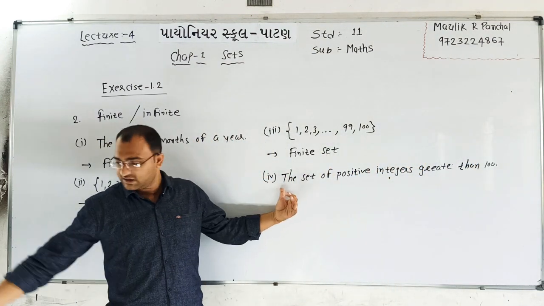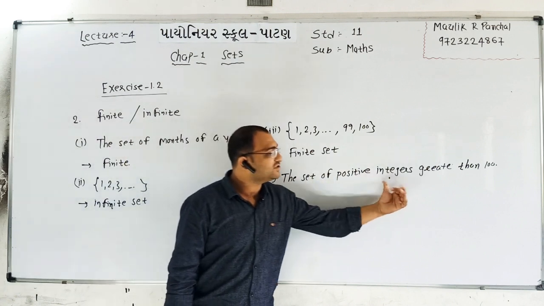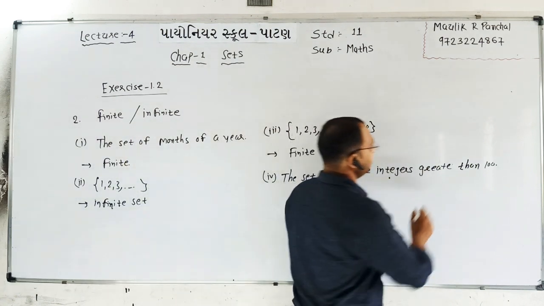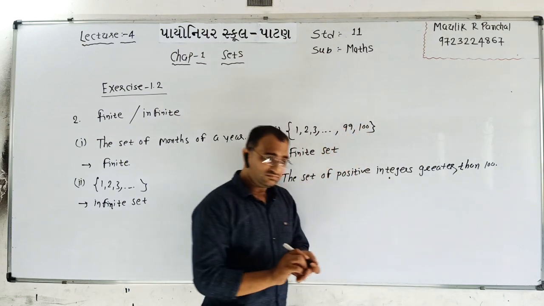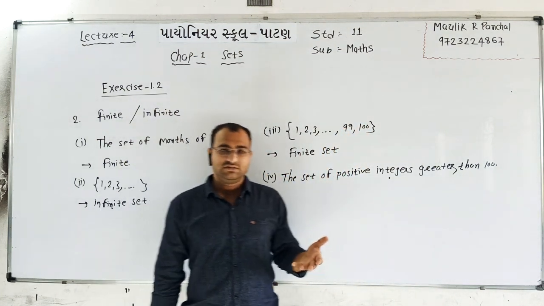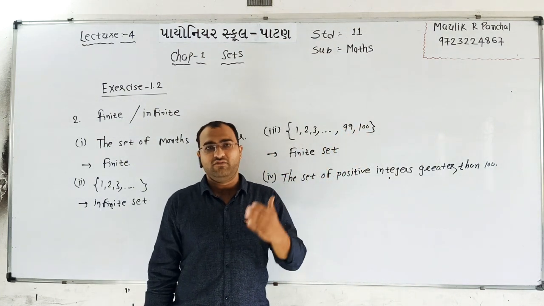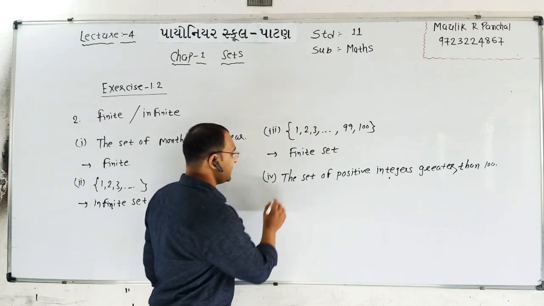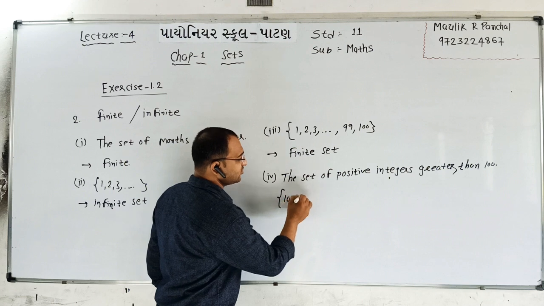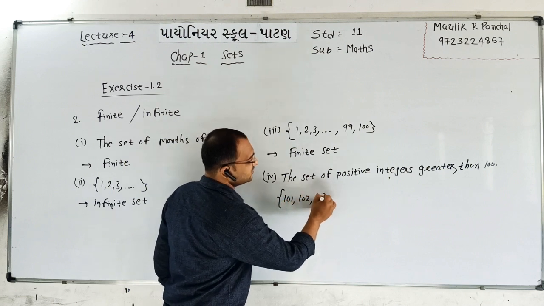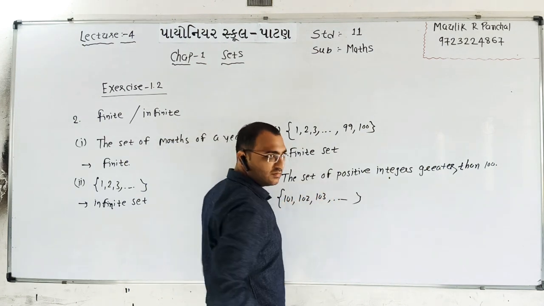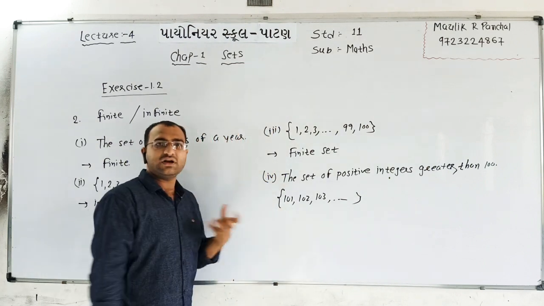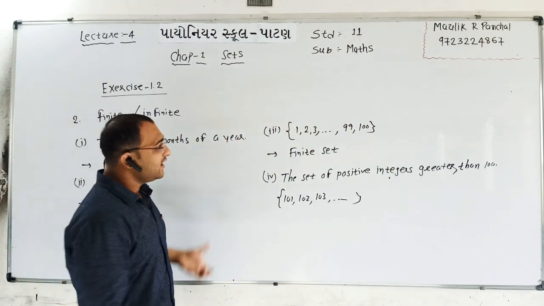Fourth question, the set of positive integers greater than 100. Greater than 100 means 101, 102 up to infinity. The set is 101, 102, 103 up to infinity. That means this set does not have a definite number of members, and is called an infinite set.